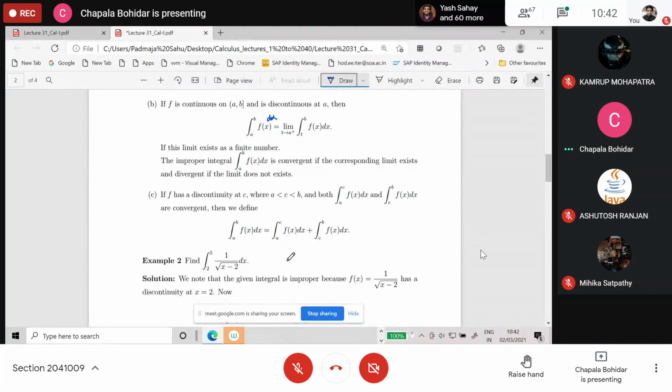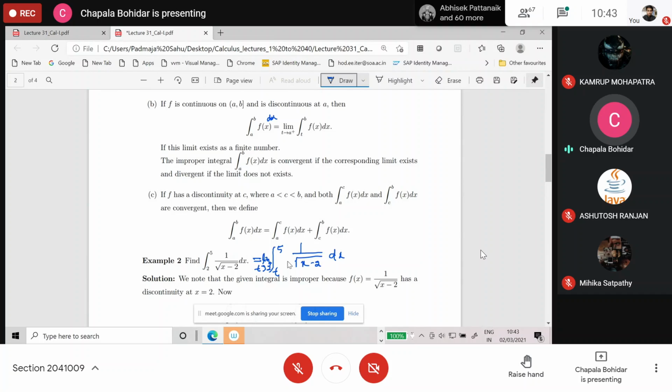We can write this as the limit as t tends to 2 plus of the integral from t to 5 of 1 by root of x minus 2 dx. We can write it this way. Now you solve. What do you get? You can take x minus 2 as u, or otherwise do it directly.